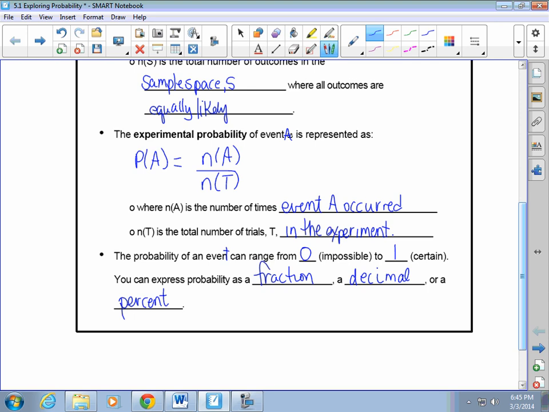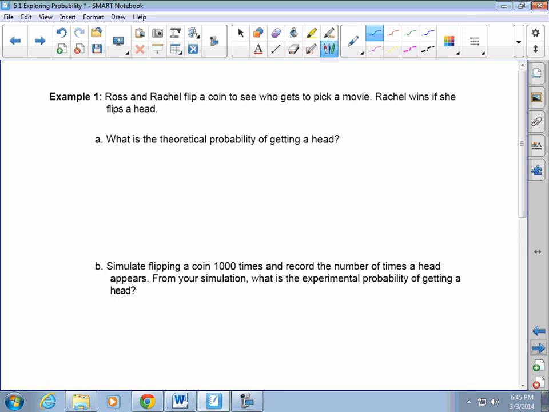Let's try to put these 2 probabilities, theoretical and experimental, into action. Ross and Rachel flip a coin to see who gets to pick a movie. Rachel wins if she flips a head. What is the theoretical probability of getting a head? Remember it's number in A over number in the sample set. Our sample set is either heads or tails.